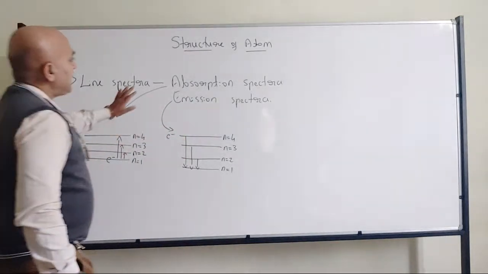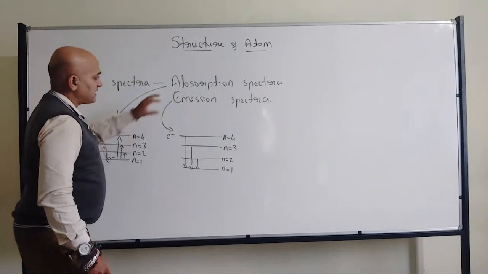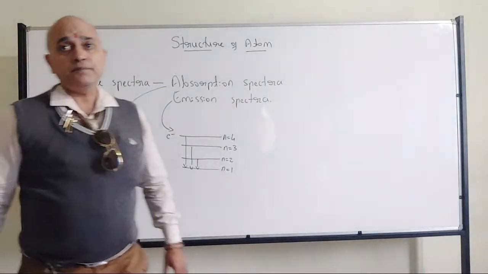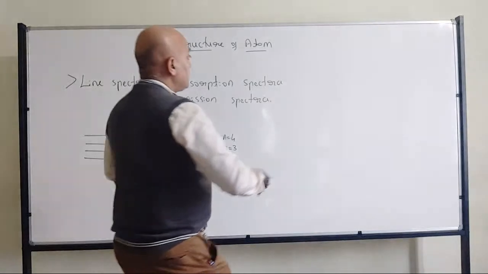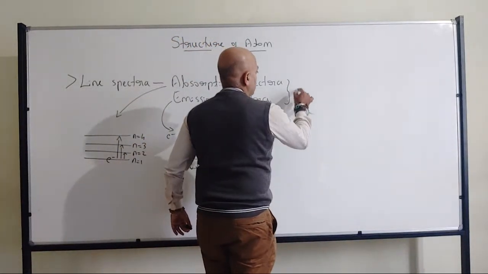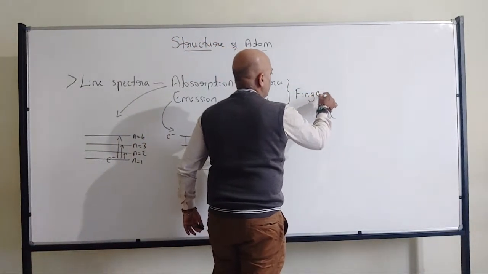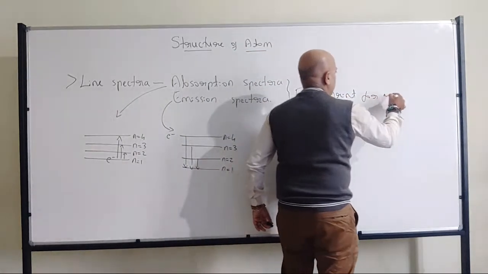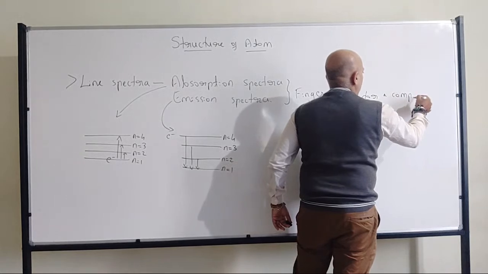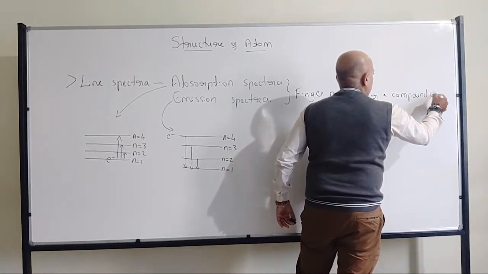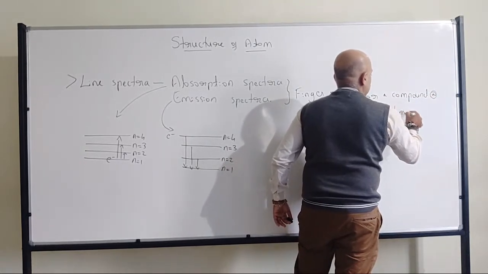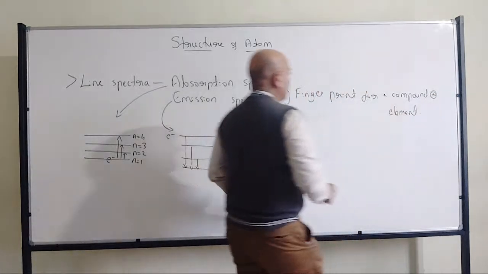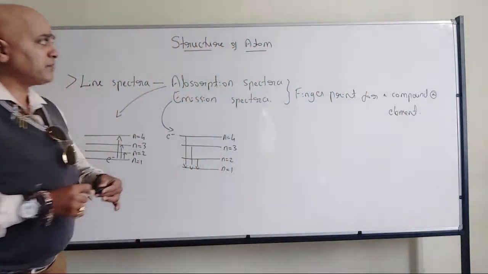So that's what it will happen in case of the absorption spectra and emission spectra, which will be like a fingerprint for a compound or element. Why are they called fingerprint?